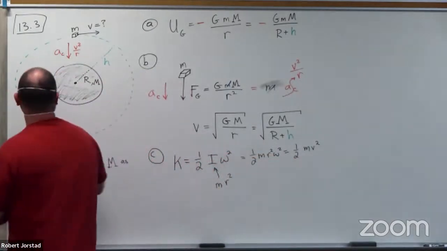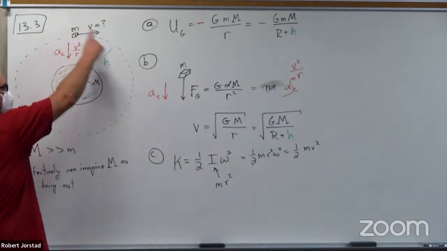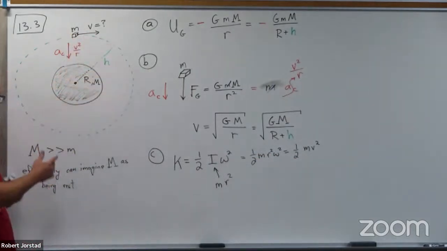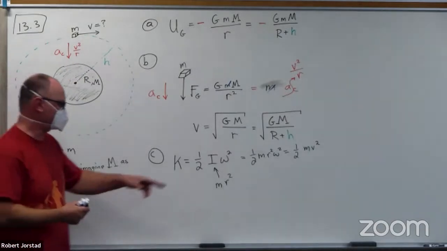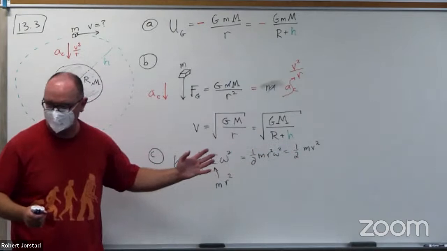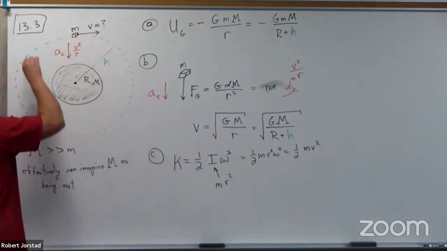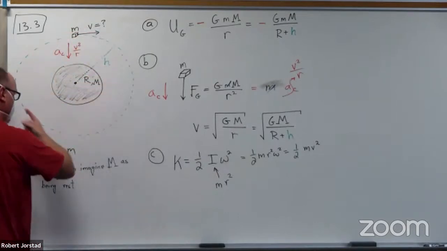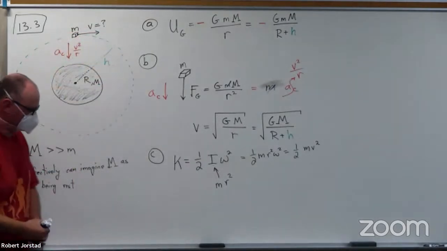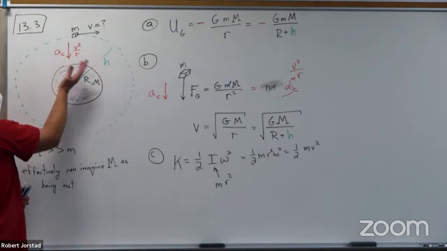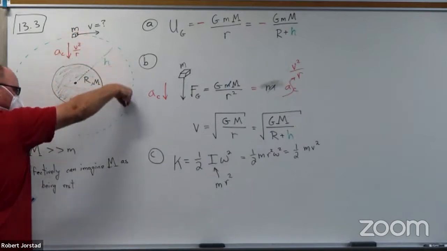Think about it. A point mass orbiting with speed omega is the same as a point mass traveling with speed v in terms of its kinetic energy. Did that make any sense at all? You could use this or this, just not both. Okay, because it's not spinning and going, it's just going. All right. You can either view it as this type of a spin or this type of a translational v.